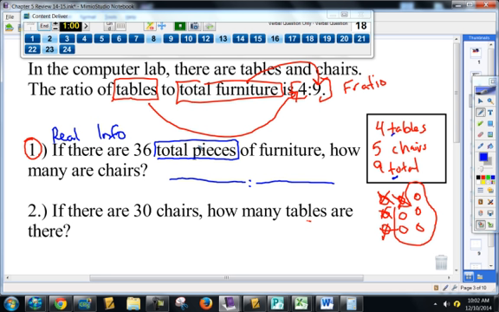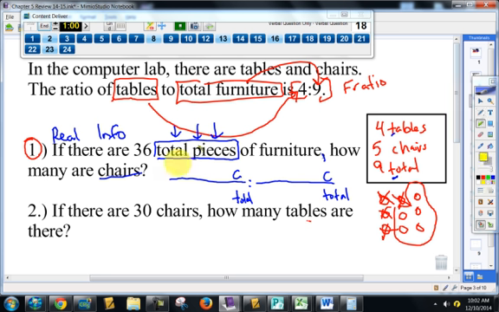Okay, so total is going to go there. Total always goes in the bottom, right, guys? And since they gave me a total, I know that's going to be part of this proportion, right, guys? Yes. Then it's going to say either how many chairs or how many tables. Depending on what it says, that's going to be my label. Since it says chairs, I'm going to be doing the proportion that shows the ratios of chairs to tables.